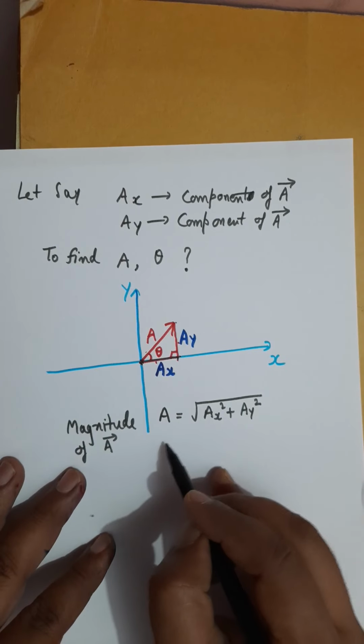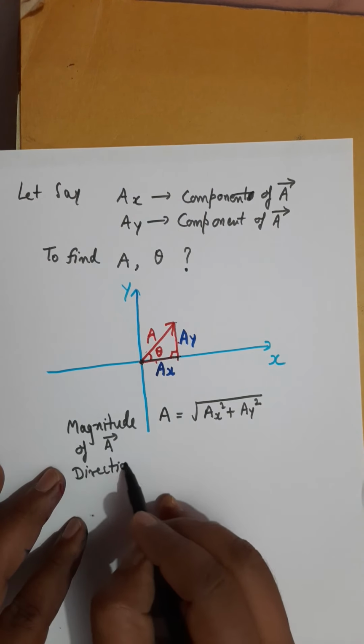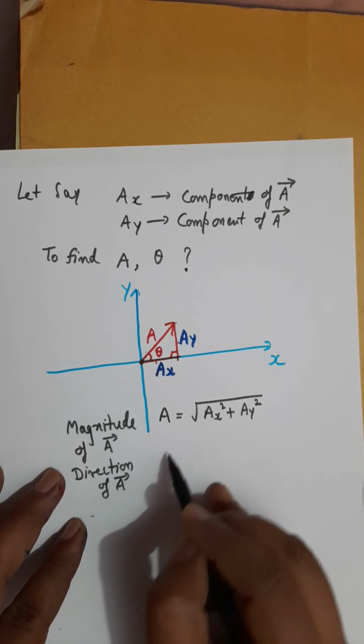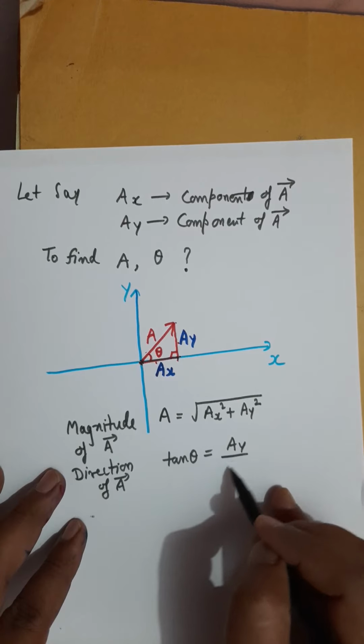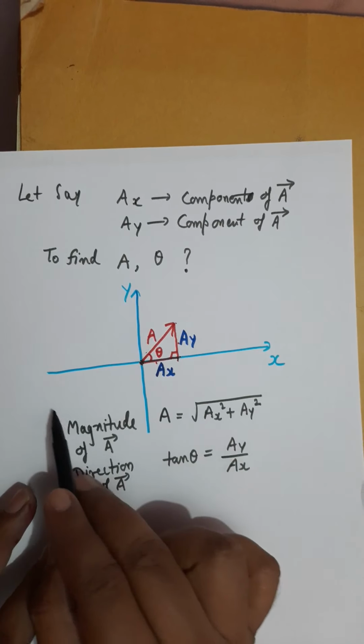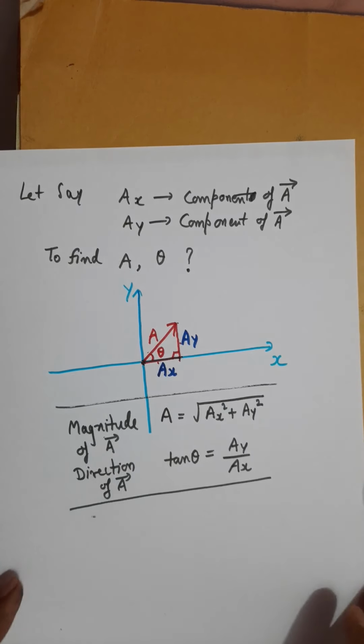And if I find the trigonometric ratio for the direction of a vector, then I can use tan theta as perpendicular divided by base, which is ay divided by ax. So now you can find the magnitude as well as the direction of your vector.